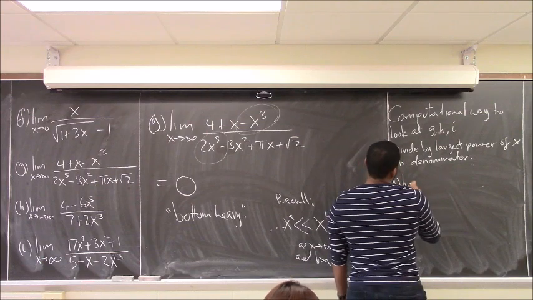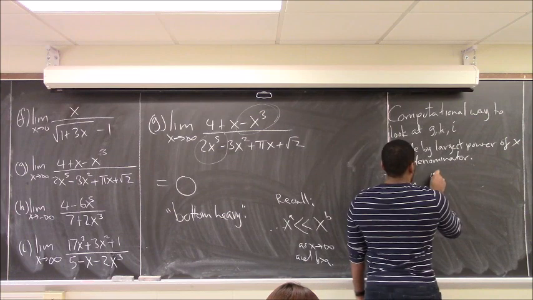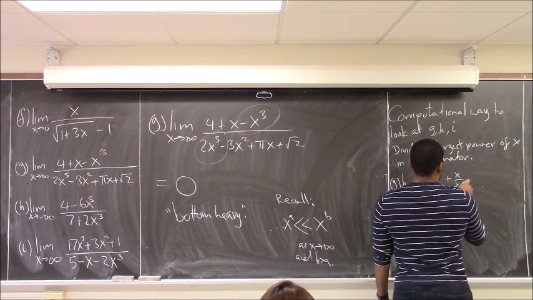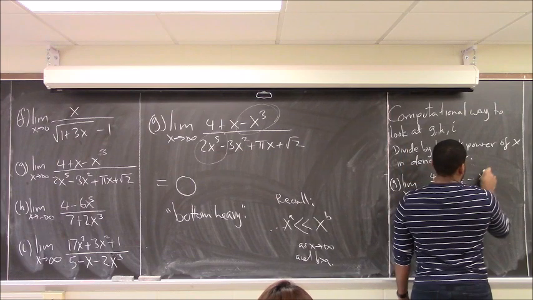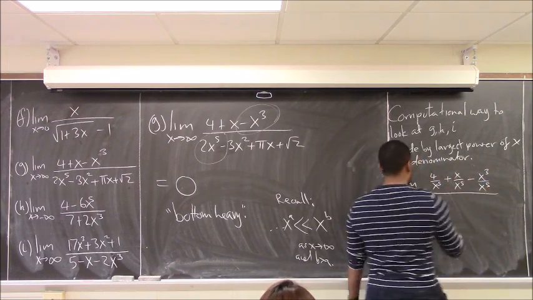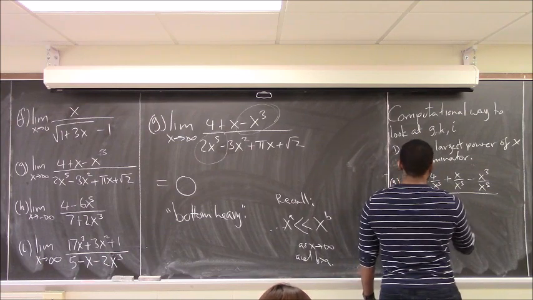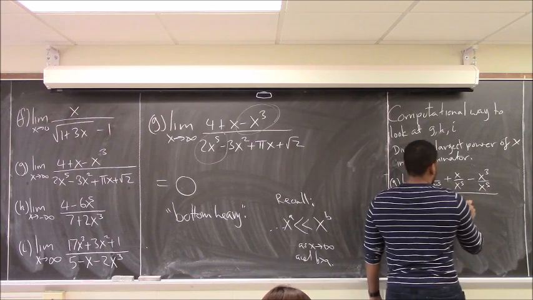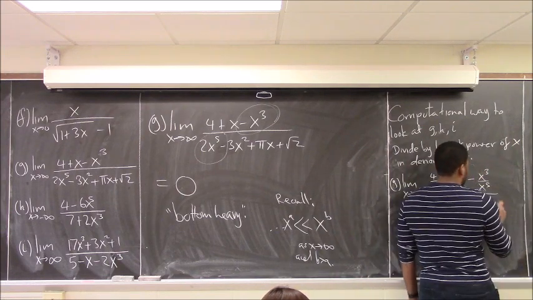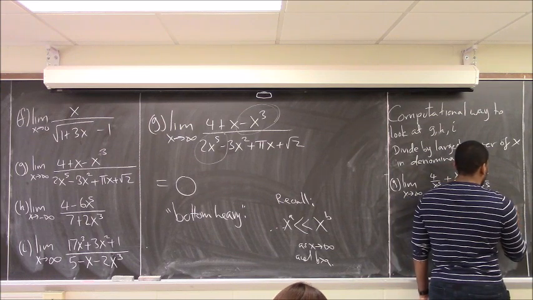So for G, we would end up with 4 over x to the fifth plus x over x to the fifth minus x cubed over x to the fifth. So it's like you're multiplying and dividing by the same thing. You're not actually changing the values of anything. 2x to the fifth over x to the fifth minus 3x squared over x to the fifth plus pi x over x to the fifth plus radical 2 over x to the fifth.